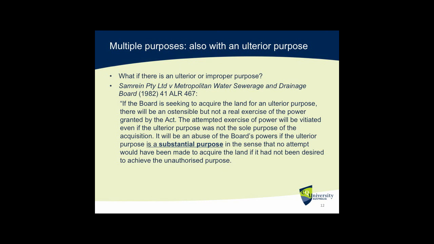And so, it is often possible to come across a situation where a decision both has a purpose which is authorized by a statute, but at the same time, it may actually have other purposes, ostensible purposes, which do not comply with the purpose for which the statute actually authorized a body to make a decision.